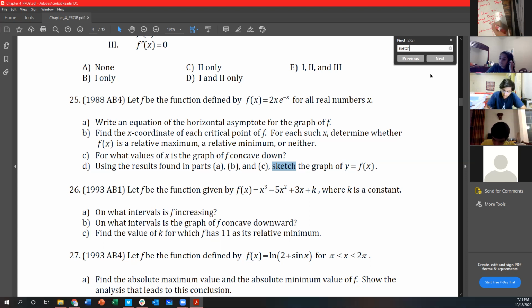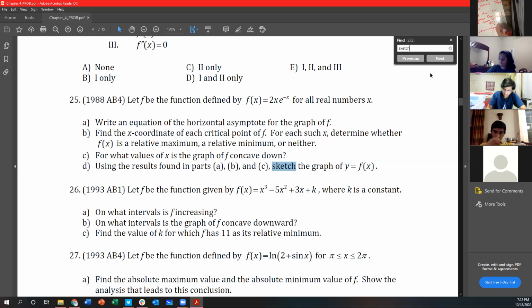At x equals 1, we have a relative maximum. So I'm just going to plot a little point there to remind me of that. I know that it's concave down till x equals 2. Then it'll probably look something like this.